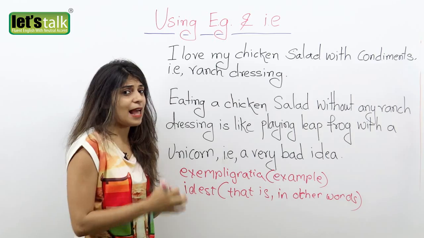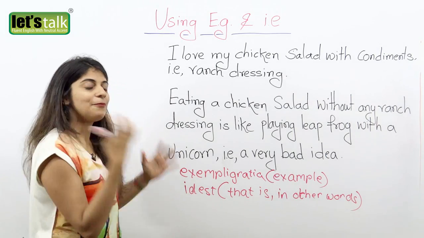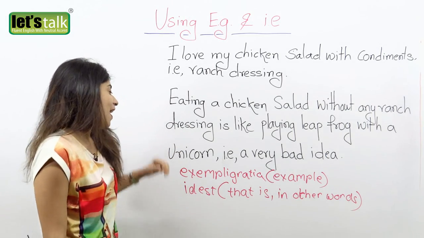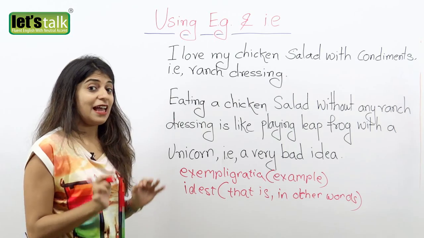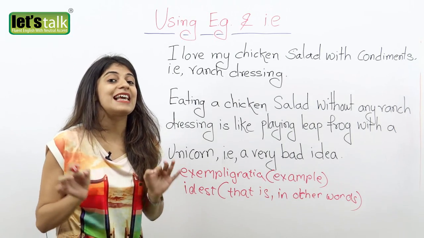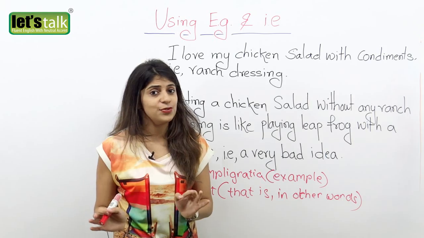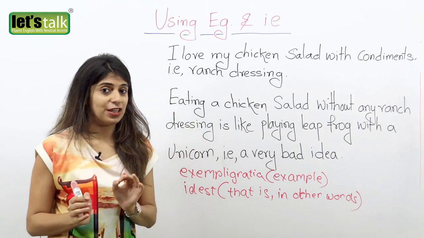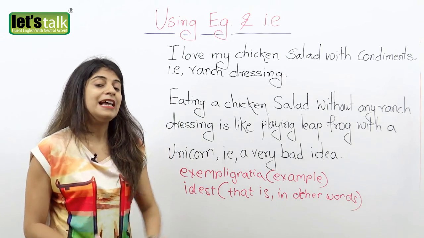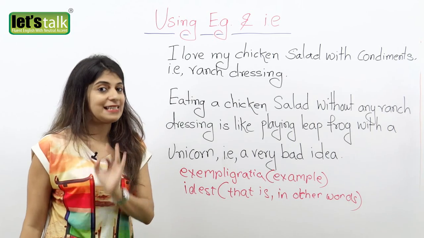Now let's understand the usage of these abbreviated terms. Now, e.g. is used to list examples. Always remember, if in a sentence you write e.g., which stands for example, it's used to list examples.